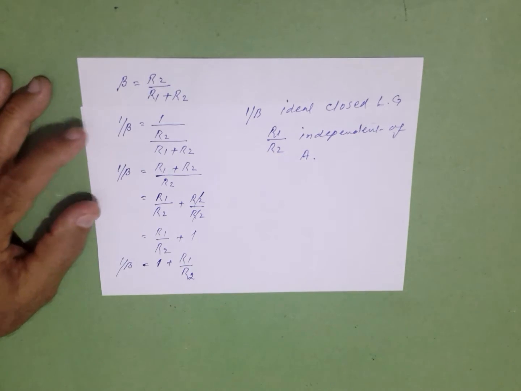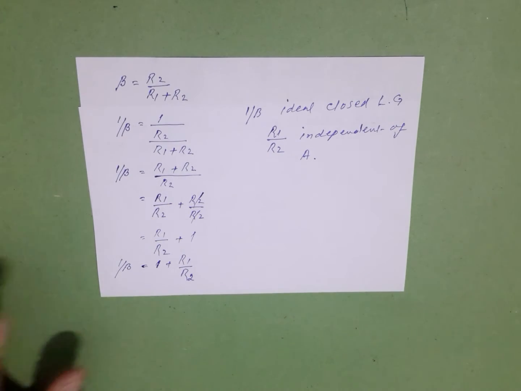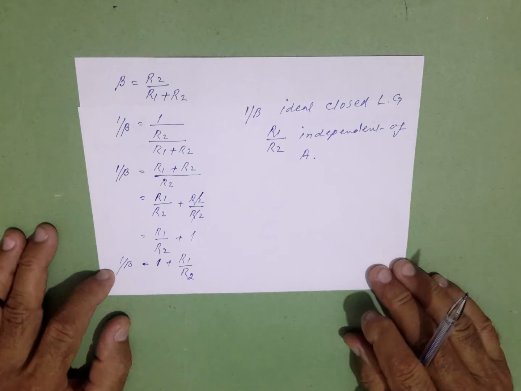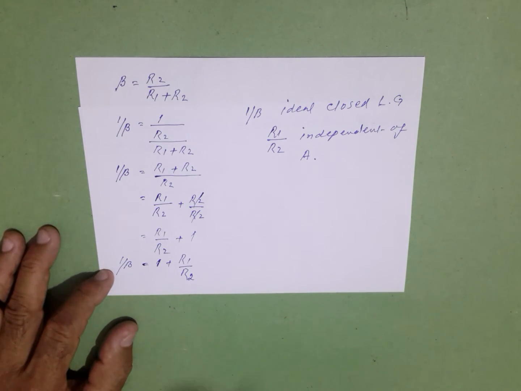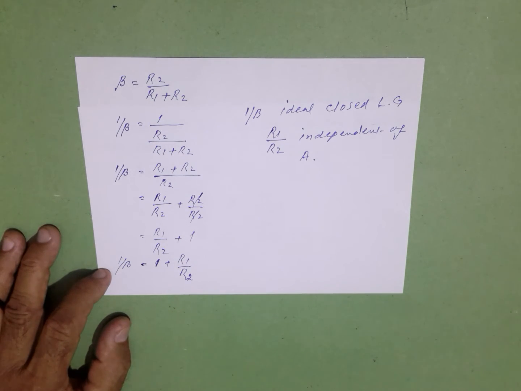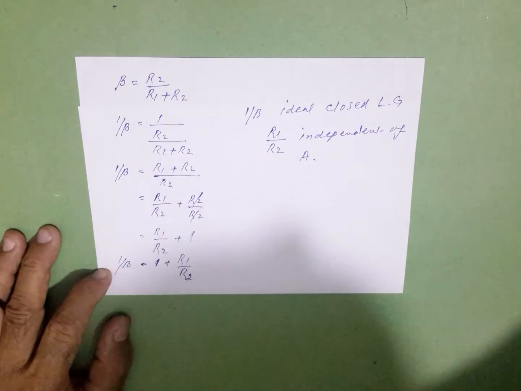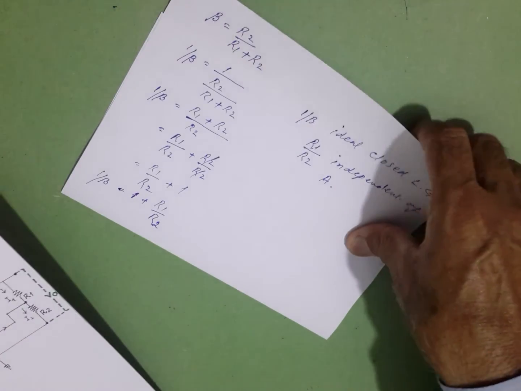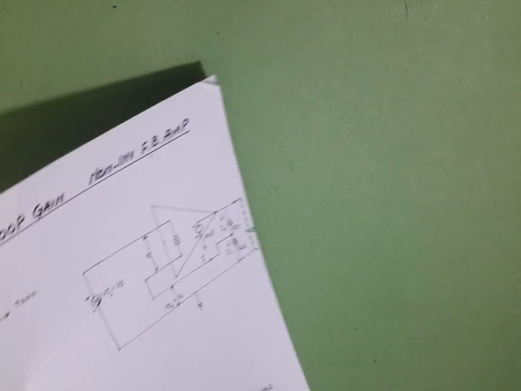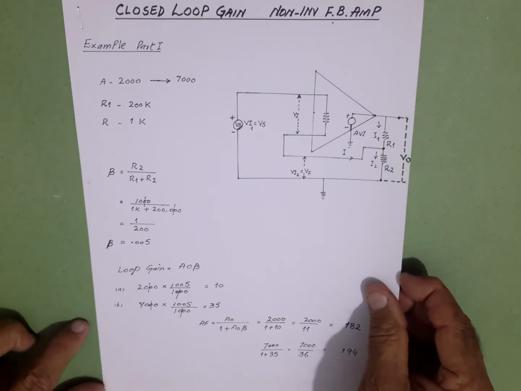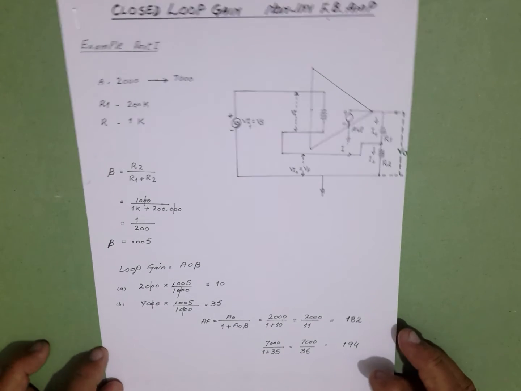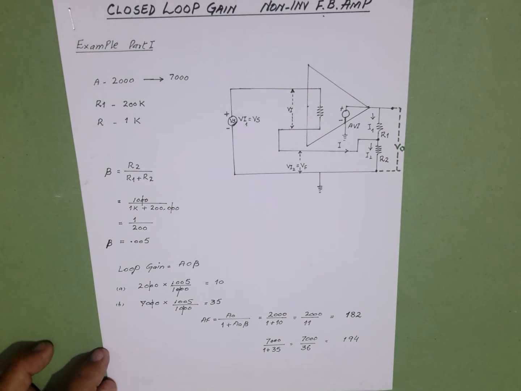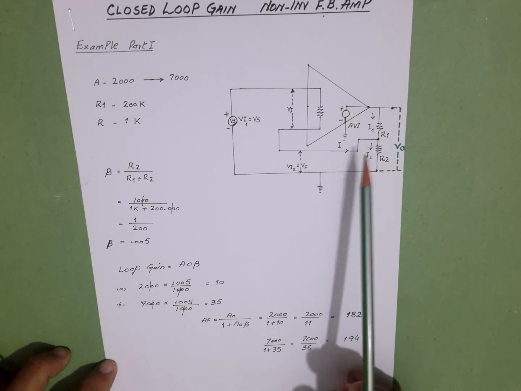We'll note this point, that once we have given a feedback voltage, the ideal closed loop gain depends on the ratio of R1 and R2 and not on the amplifier. And with the feedback we have absolutely stabilized the gain, but at the cost of reduction in gain.